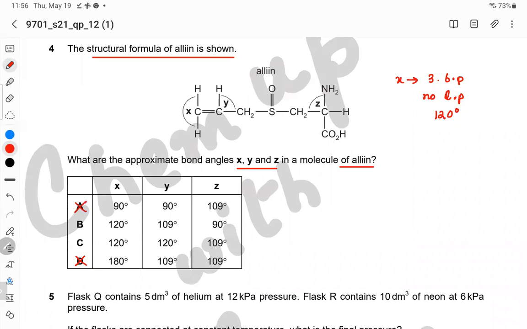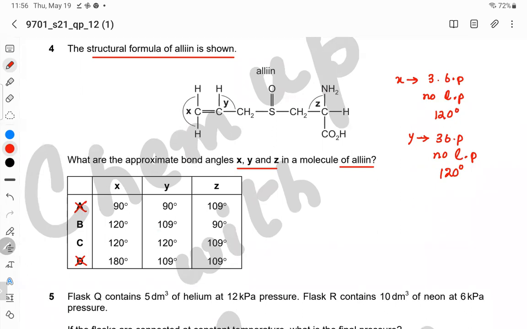Now we are left with B and C. Now, if you look at angle Y, it is around the carbon which has three bond pairs and no lone pair. So again, if there is no lone pair, then the bond angle is 120 degrees again.